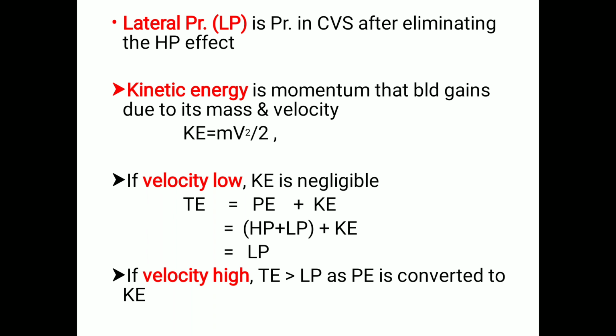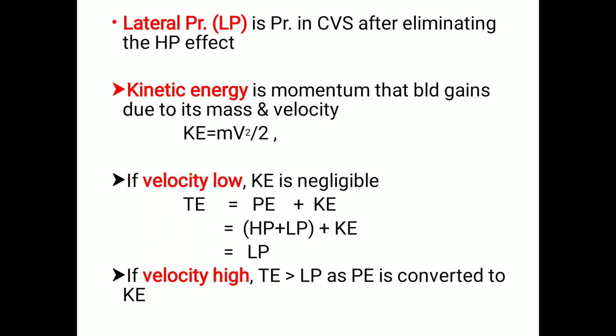Whatever blood pressure you measure in the body, like with the help of a sphygmomanometer, you will be measuring what we call the lateral pressure. So what is the definition of arterial blood pressure measured with a sphygmomanometer? You are measuring the lateral pressure. It is the lateral pressure exerted by the moving column of blood on the arterial walls. So this is the pressure in the cardiovascular system after eliminating the hydrostatic pressure.